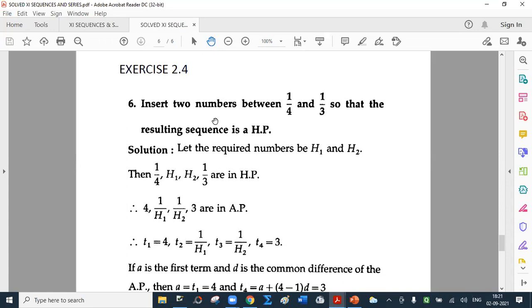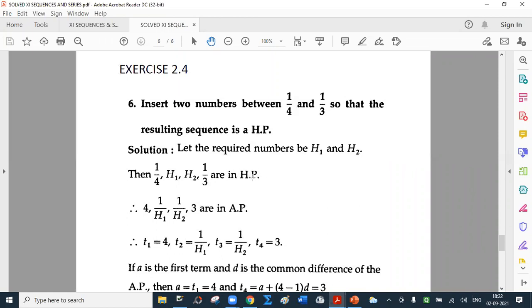See, inserting two numbers means inserting two harmonic means, because if there are n numbers between 1/4 and 1/3 and the resulting sequence is HP, then those n numbers will be called n harmonic means. But here they haven't used the word harmonic mean. Let the required numbers be H1 and H2 so that 1/4, H1, H2, 1/3 are in harmonic progression.